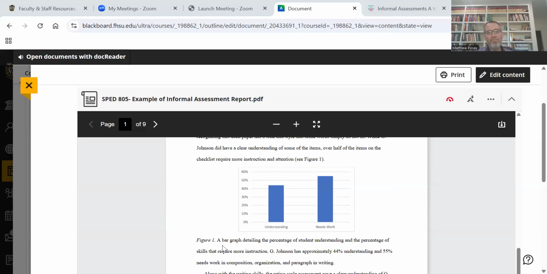Under each graph, you can see there's a basic explanation. Figure 1, the bar graph detailing the percentage of the student understanding and the percentage of skills that require more instruction.